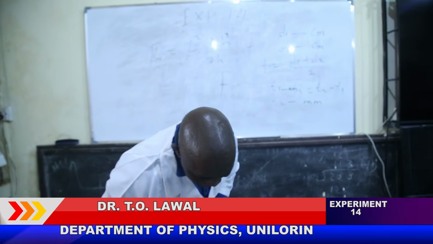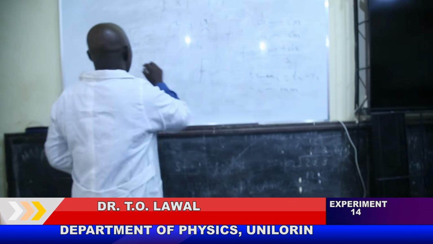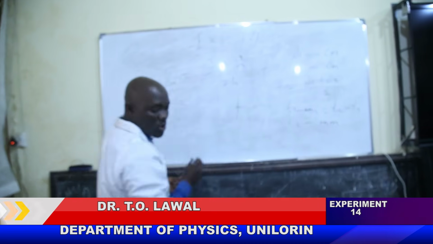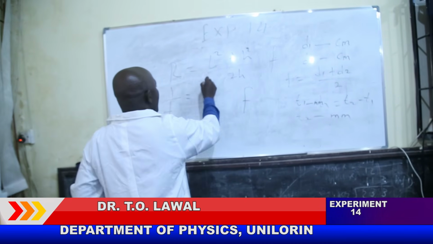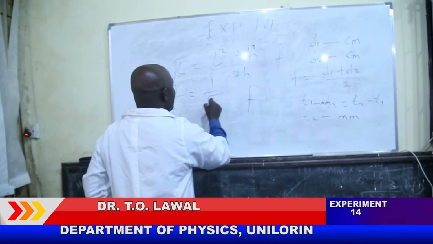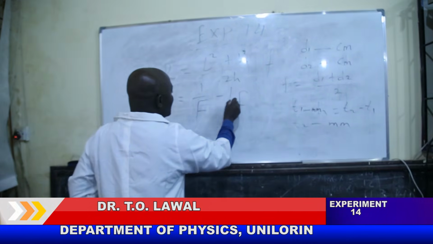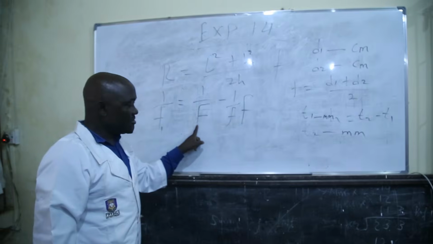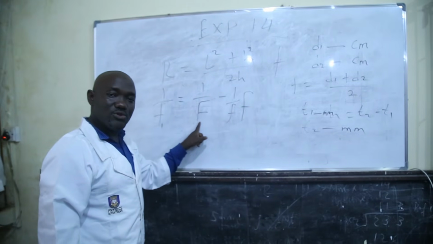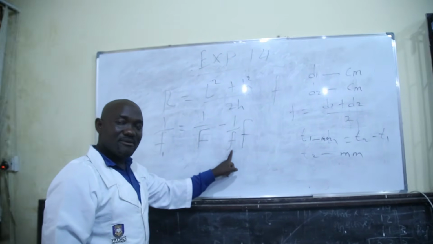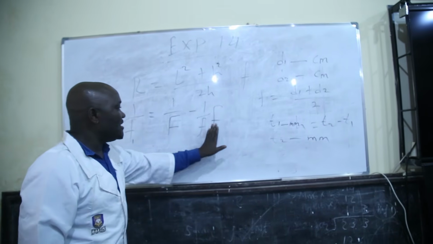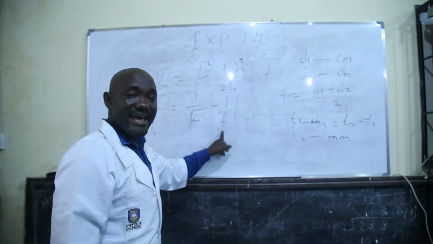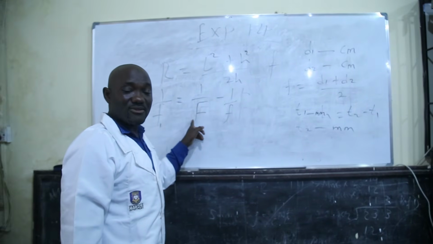And at the end of the day, you will now use the expression 1 over F1 equal to 1 over capital letter F minus 1 over small letter f. This is the focal length of the lens when you introduce unknown liquid. This is the focal length of the lens when there is no liquid. This is as if air to glass. This is as if water to glass.